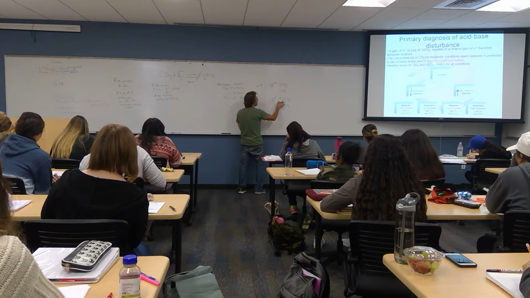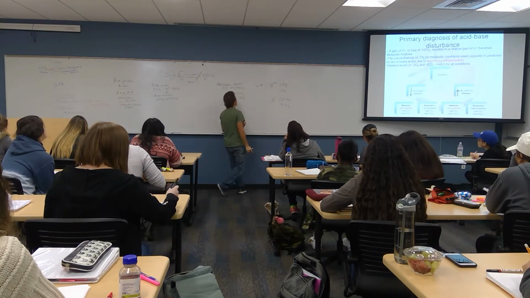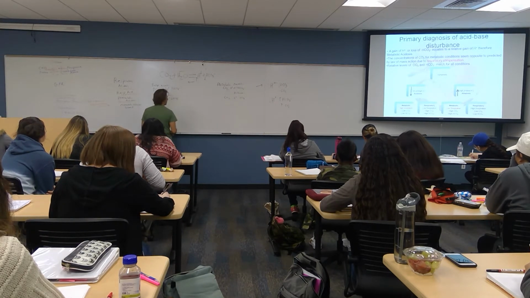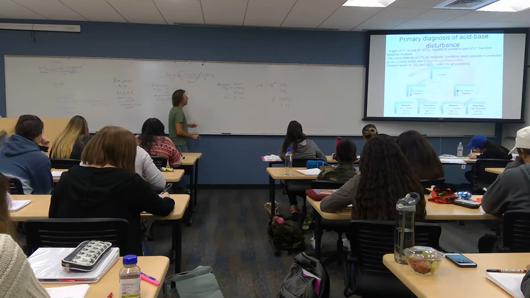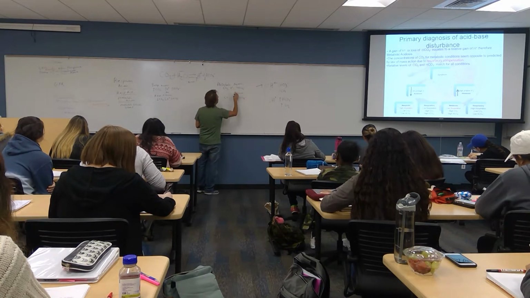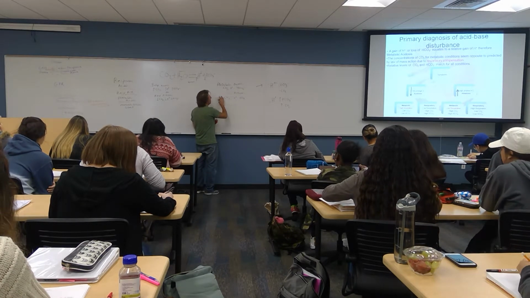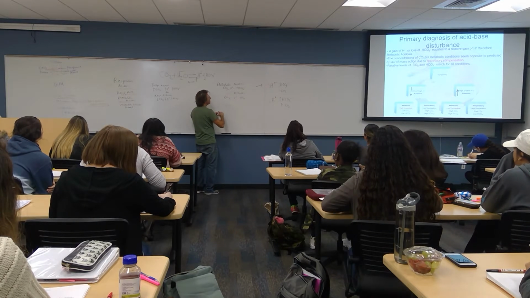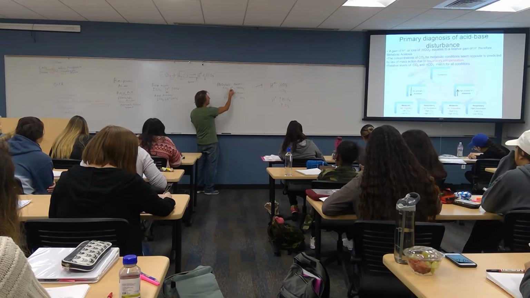These always match, and these are always in opposition. It's just because of that overcompensation. So you look at metabolic, and you don't even have to go through too much of this. If you have metabolic acidosis, what does that mean? What is H plus?